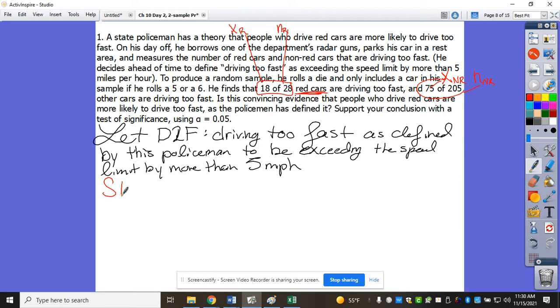So state. This thing that I already defined doesn't really have to be part of anything. It's just somewhere on the paper. So now when I do state, what would I need to write?